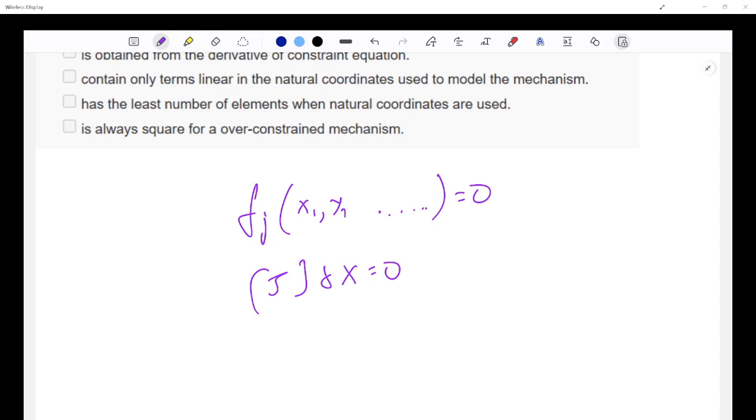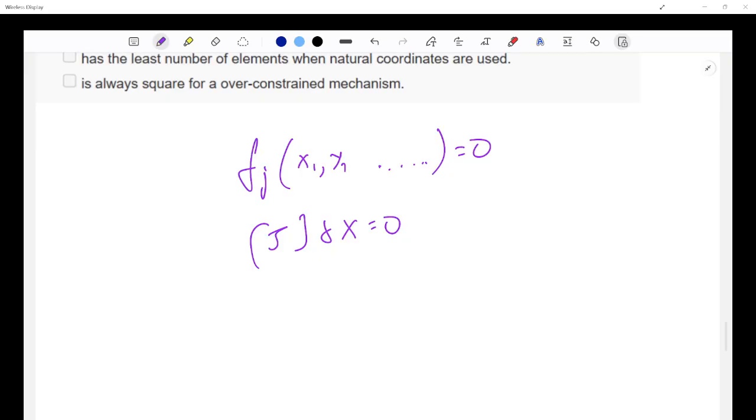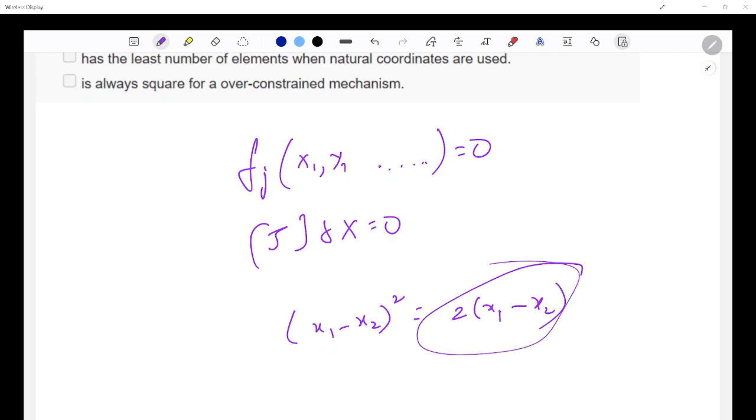The constraint equations in natural coordinates are at most quadratic. Now if we differentiate, for example (x1 minus x2) square, we would get 2 times (x1 minus x2). So after differentiation, we are only left with linear terms. Therefore, the Jacobian contains only linear terms.